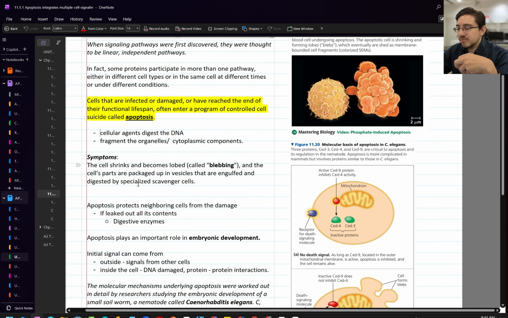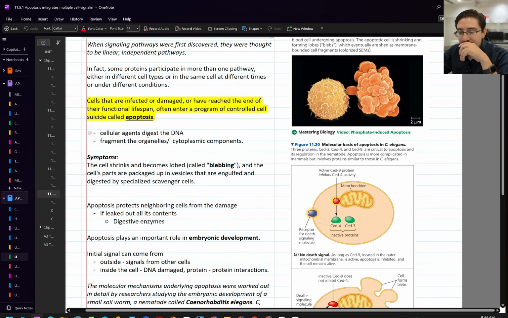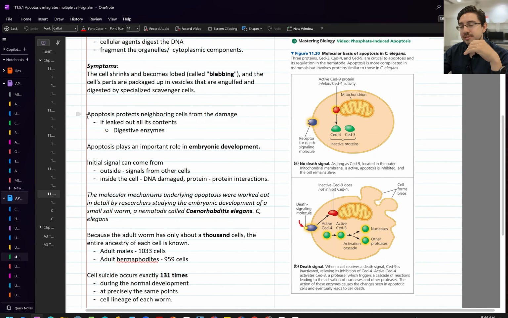They're getting engulfed and digested by other cells, so ultimately the cell is going to die. And apoptosis is important because it can protect neighboring cells if the cell undergoing apoptosis is defective, has been infected, or is not working properly.